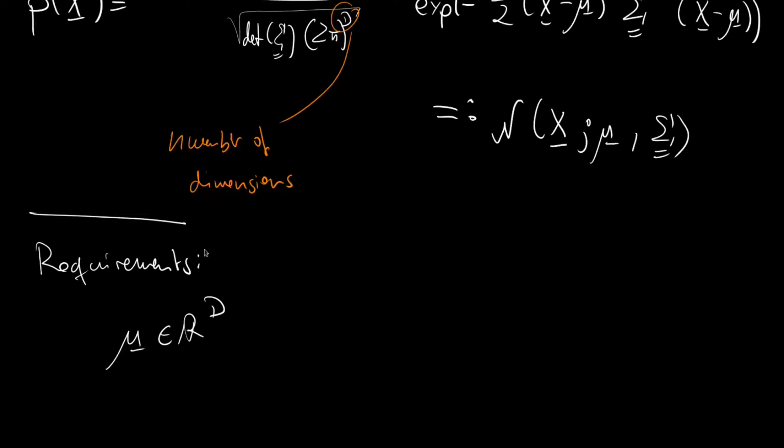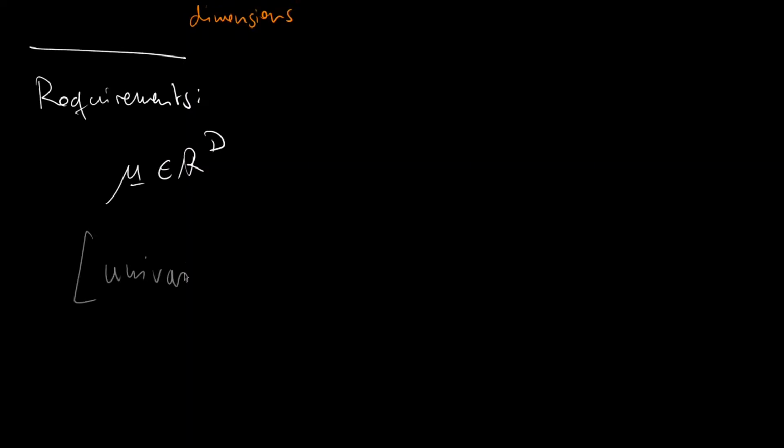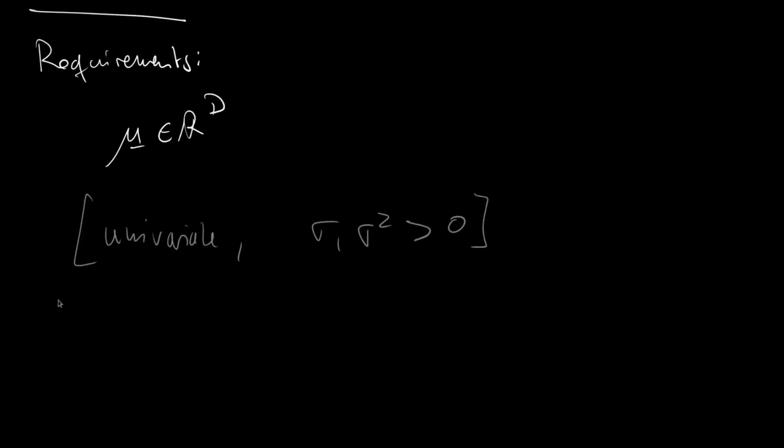But recall, in the univariate case, we had that sigma and sigma squared have to be strictly greater than 0, because they define the spread around the mu, and so they have to be a non-negative number, right? How can we encode this in multi-dimensions? Can we just say that the sigma matrix has to be greater than 0?